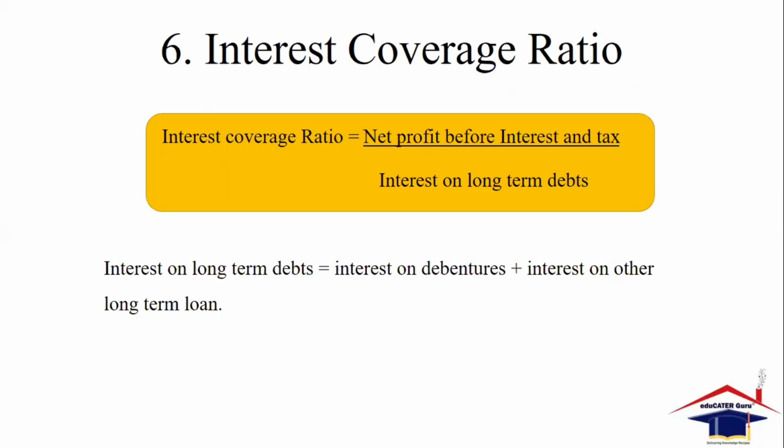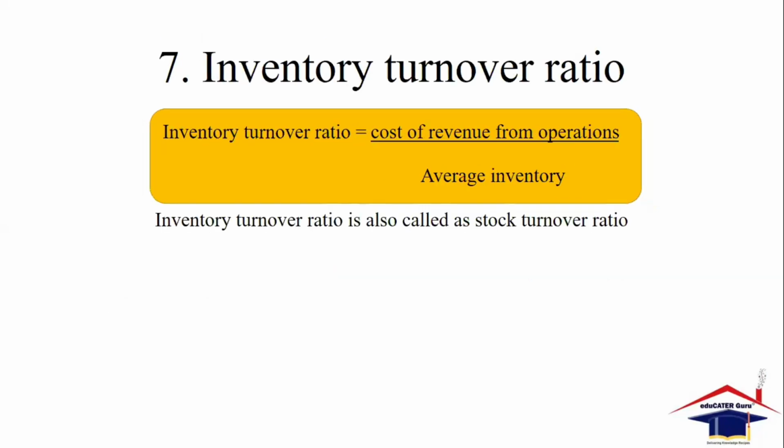Interest on long-term debts consists of interest on debentures and interest on other long-term loans. Here, if the net profit is after interest and tax, then you have to add them back. So, before deducting interest and tax, what is the net profit you have got? That you have to consider for the interest coverage ratio.